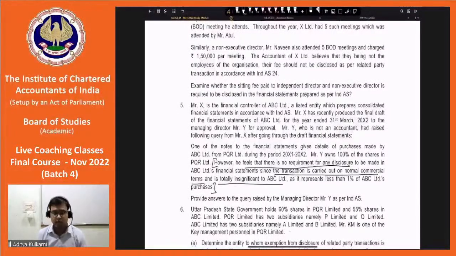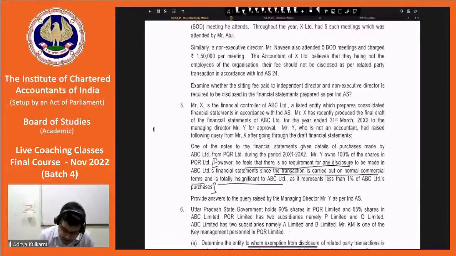It is less than 1% of purchases. Materiality, though we do it in audit, and it is carried out at normal commercial terms. So there is nothing to hide. It's a normal transparent transaction. Why do I need to disclose related party transactions? And you will be tempted to answer by saying that no need of any disclosure.